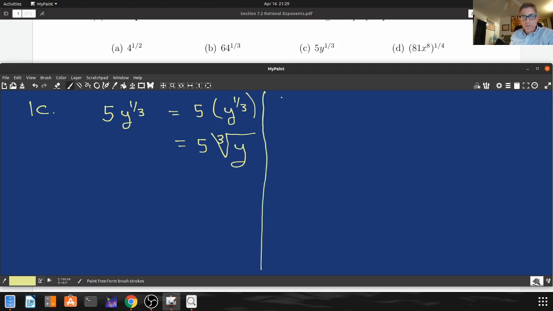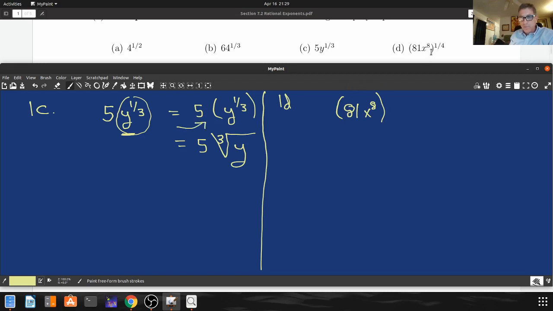And let's do 1d. Now notice my base here is 81 x to the 8th power. Over here, my base for the fractional power 1/3 is just y. 5 multiplies by whatever this number is, and that's the reason I rewrote it this way.